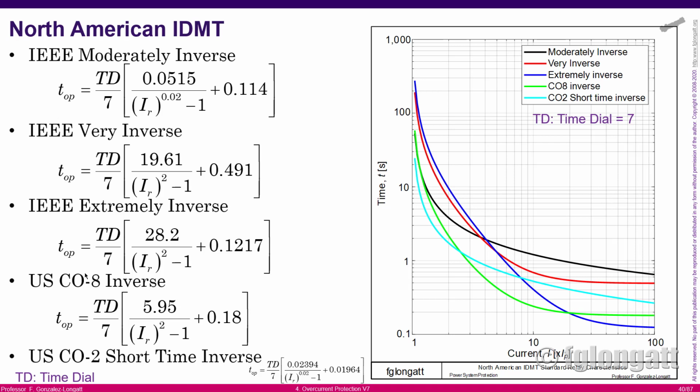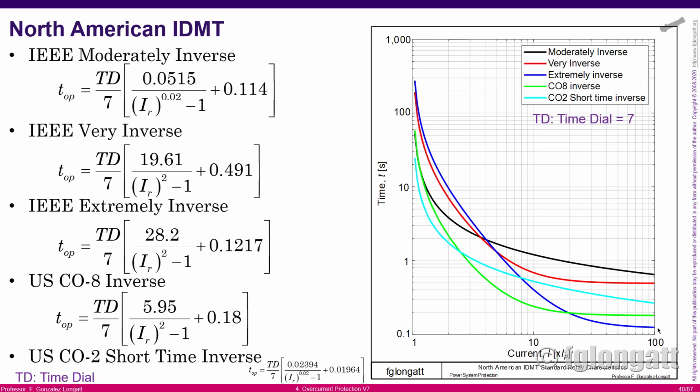And also we have included here the CO8 and the CO2 time inverse curves. Something that you must understand here is, again, the difference between those curves: what is the difference in performance between low currents and big currents? How big is the difference in operating time between low currents and big currents? And that is what defines the shape of this curve.